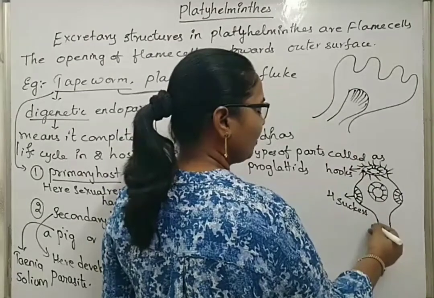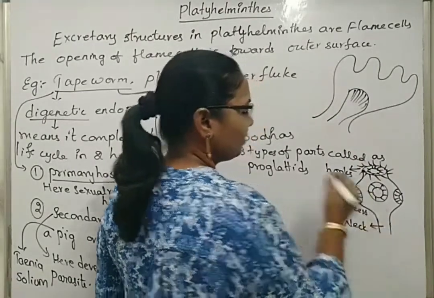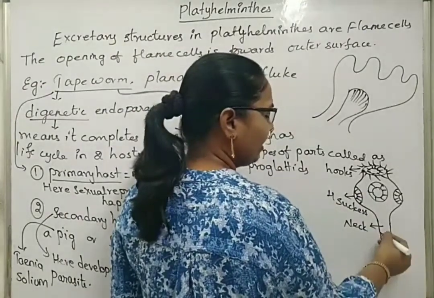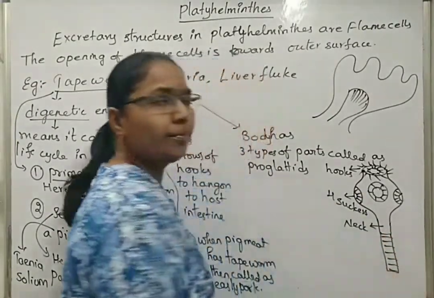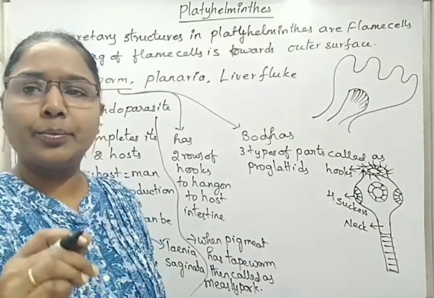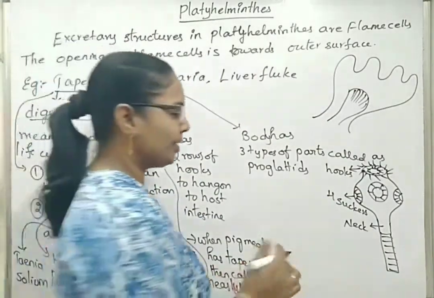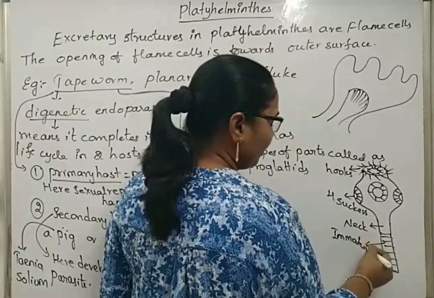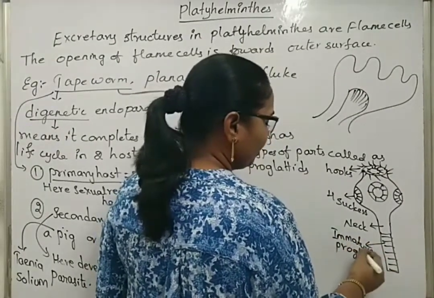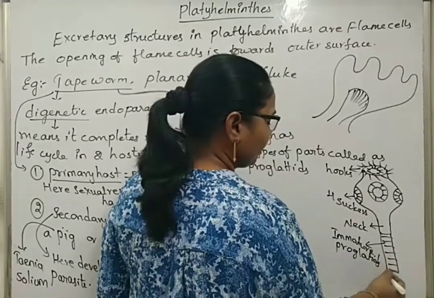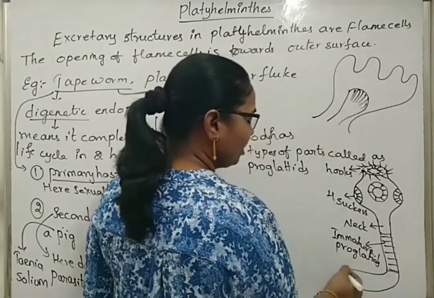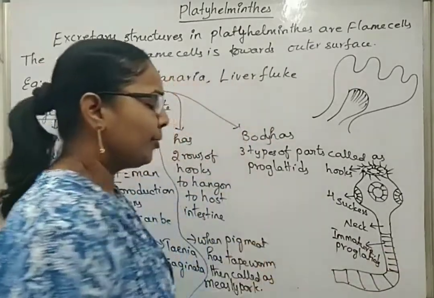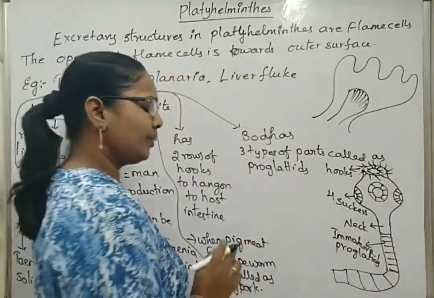Starting from here is the neck region. After the neck, there are immature proglottids where sex organs or reproductive structures are not well developed. After that, there are somewhat matured proglottids where sexual reproduction happens.